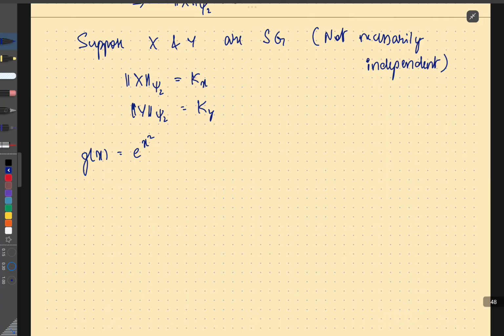This function, I claim, is increasing, which is clear, and it is convex. You can just find the second derivative of g and then show that it is positive.